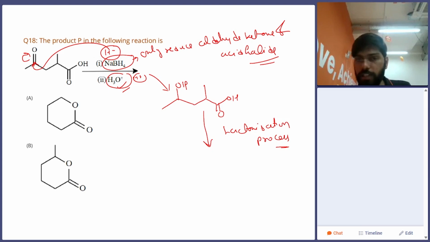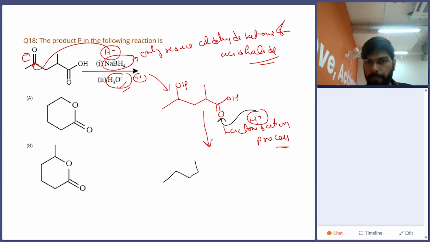Now the lactonization process. During this, first of all H plus will come, and the acid H plus will attack this oxygen. So you will get OH, the oxygen forming three bonds with plus charge, OH. Now after this, what will happen?